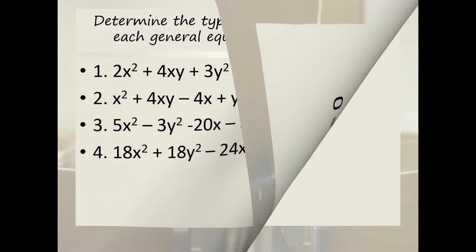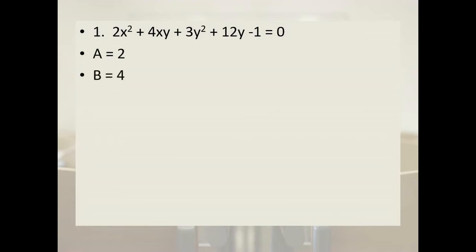Let's now answer the exercise. Number 1. 2x squared plus 4xy plus 3y squared plus 12y minus 1 is equal to 0. A here is equal to 2, B is 4, and C is 3. B squared minus 4AC is equal to 4 squared minus 4 times the quantity 2 times 3.